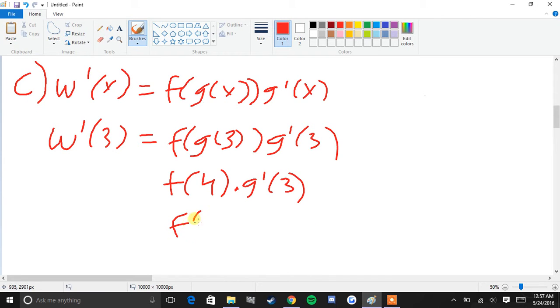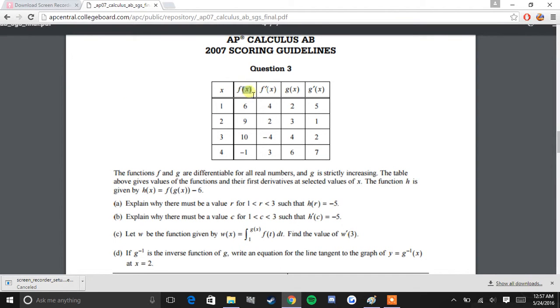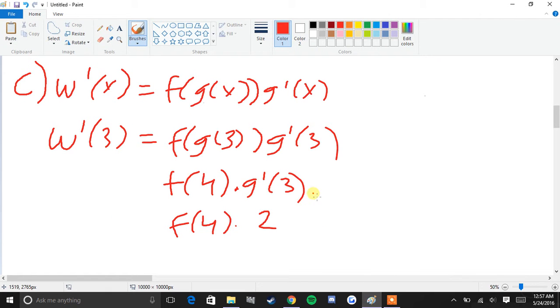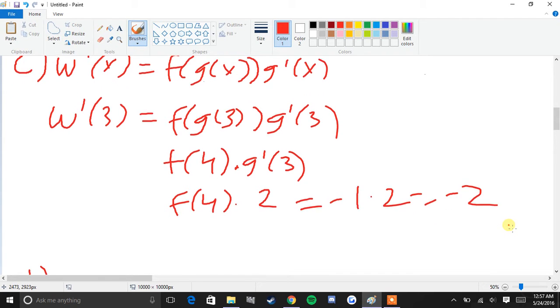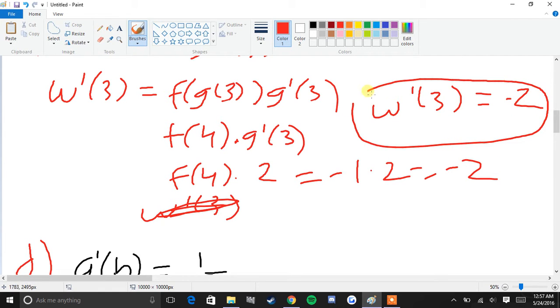F of 4 times 2. Now I have to look at what f of 4 is. F of x, where x is 4, is -1. So that equals -1 times 2 equals -2. So W prime of 3 equals -2, and that's going to be your final answer.